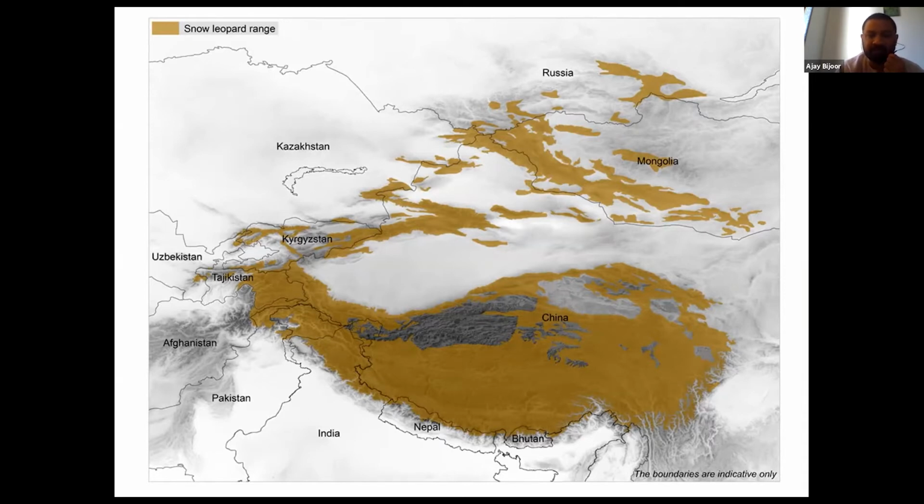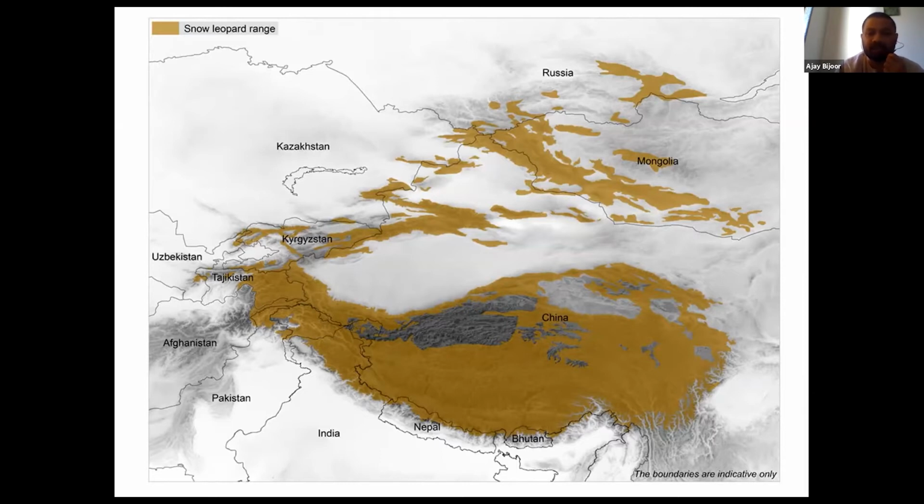There are roughly 170 protected areas in this stretch of land, and about 40% of those are too small to support the range of even a single male snow leopard. This is based on a paper published by Johansson et al. in 2016.